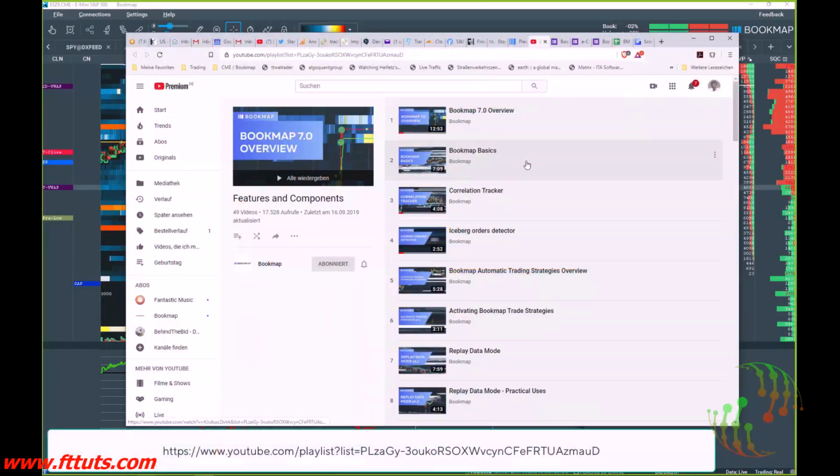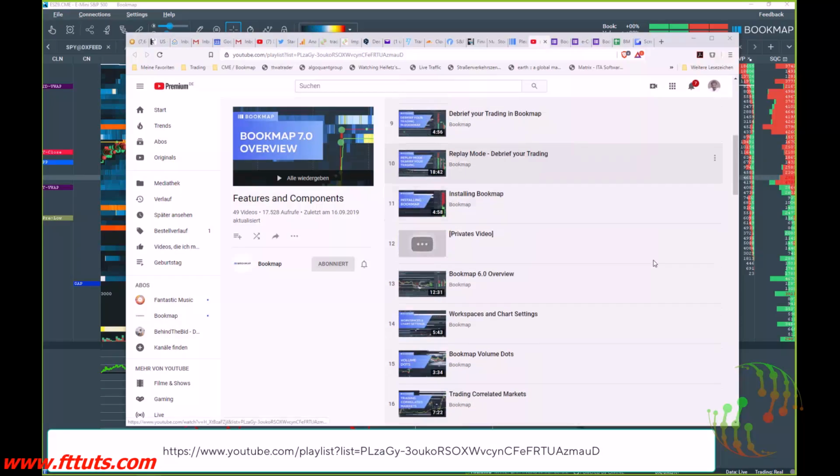I have put on the presentation this link. This link is from my colleague Bruce Pringle, and he described in a few minutes the features and components of Bookmap.